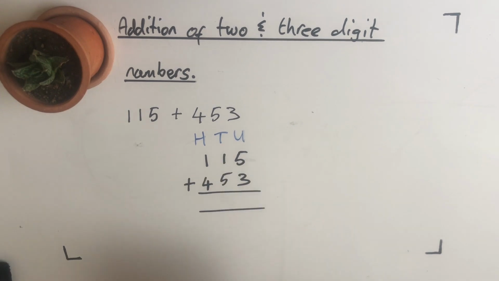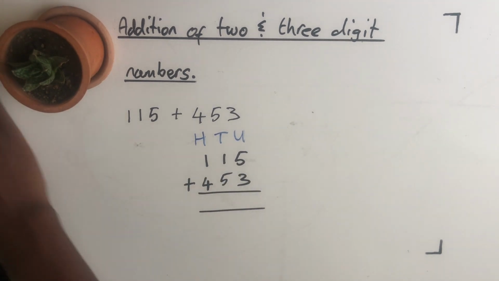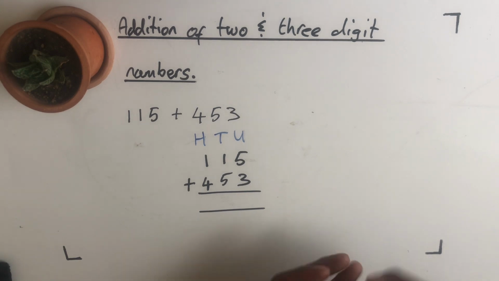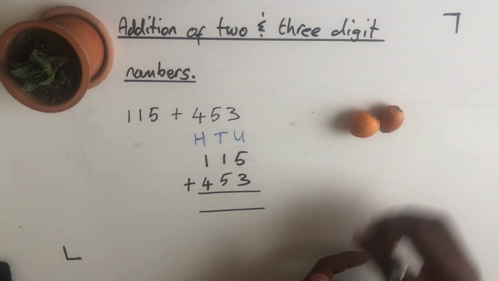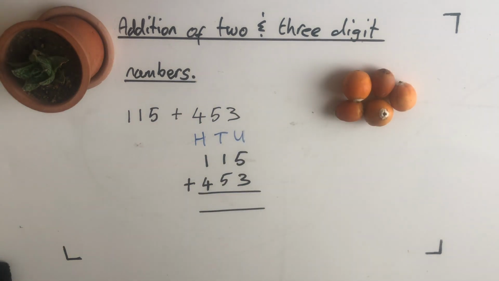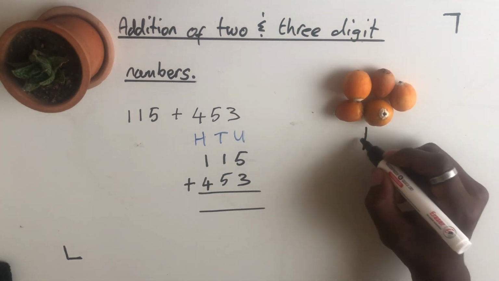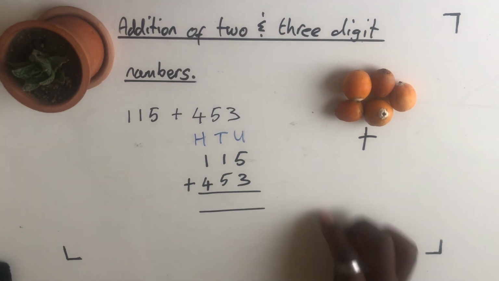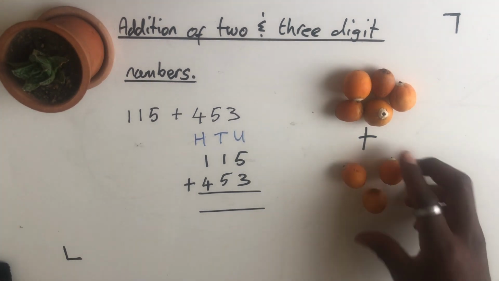So that's 5 units plus 3 units, okay? That's 5 units plus 3 units.